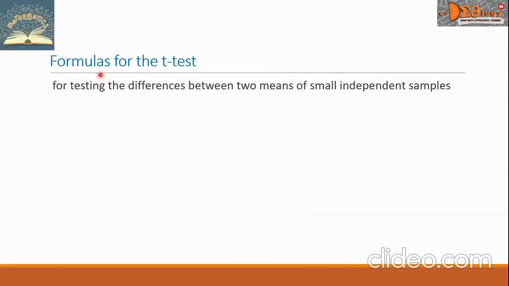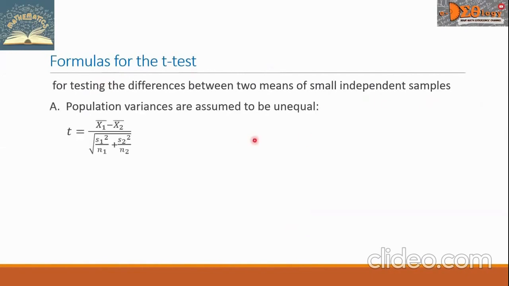Let us see now the formulas for the t-test for testing the differences between two means of small independent samples. This is the first formula, and we're going to use this when population variances are assumed to be unequal.